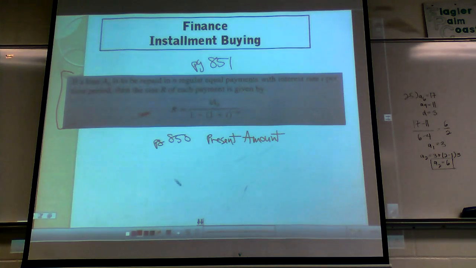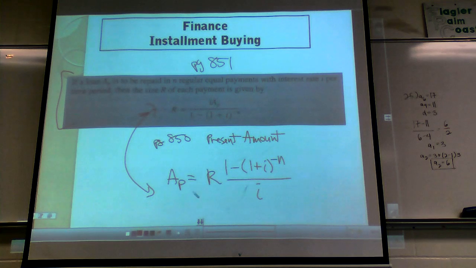This one will look like A sub B equals R times 1 minus over I. But these two are essentially the same. It's just a matter of what is solved out for.